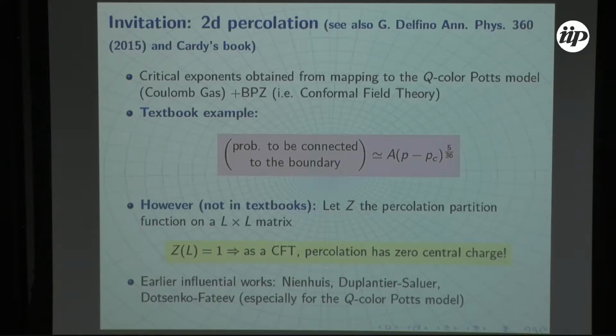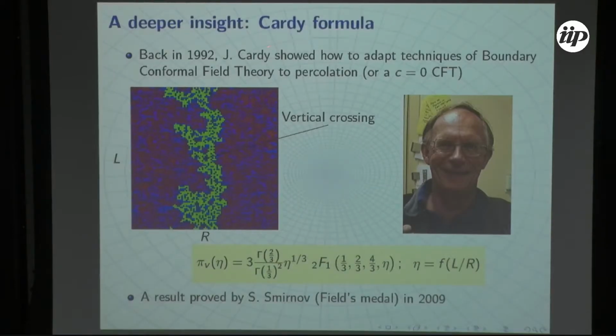There was earlier influential work, especially on the two-point function and critical exponents, by Nienhuis, Duplantier, Saleur, Dotsenko, Fateev, etc., that we will also use. From my perspective, as a physicist, one of the most remarkable results is due to John Cardy, who was able to connect a problem like percolation, which is purely geometrical, to the concepts he developed in the context of boundary conformal field theories.